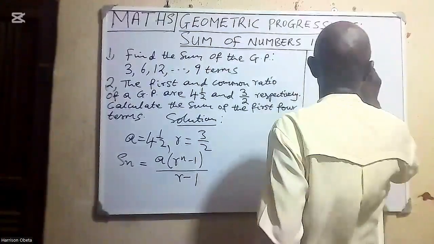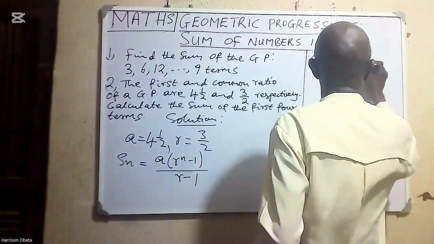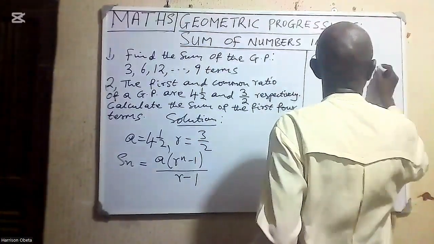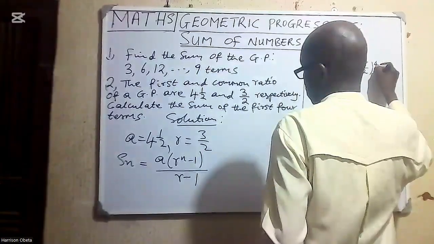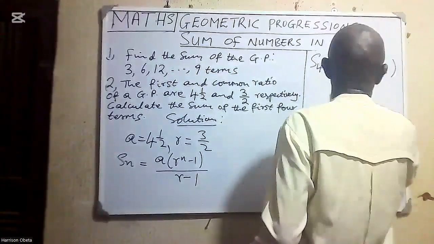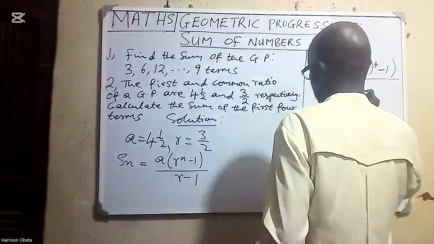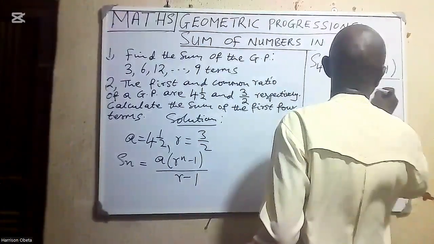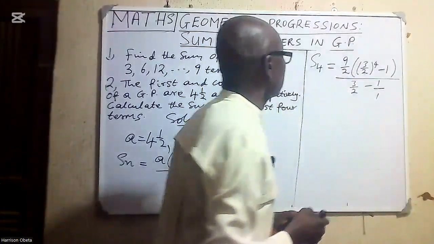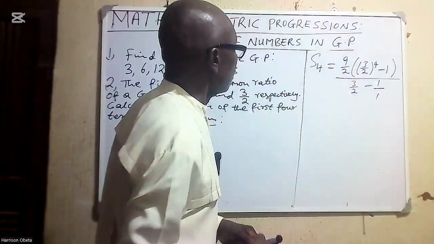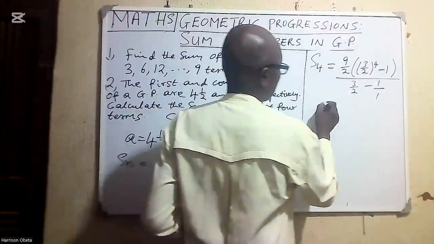Our R is 3/2. 3/2 raised by 4 minus 1 all over 3/2 minus 1/1.